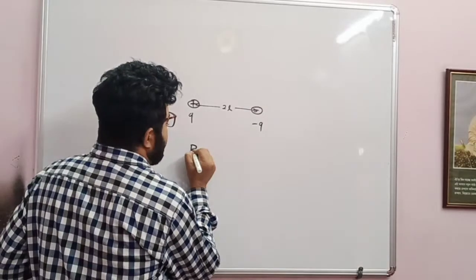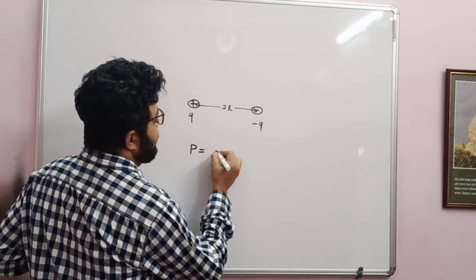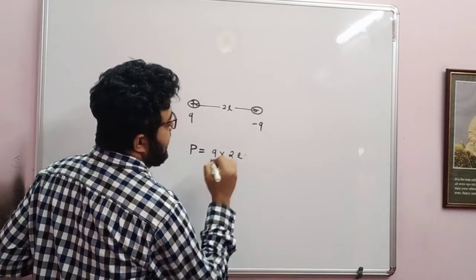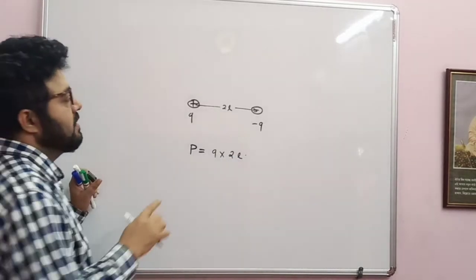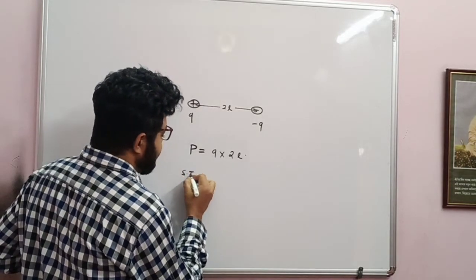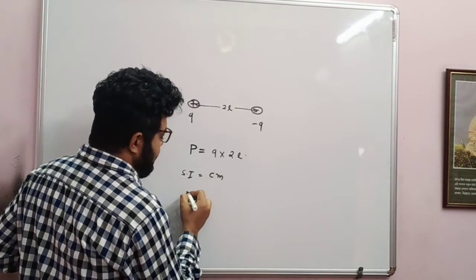So p is the electric dipole moment. Its strength is q into 2l, means pole strength, charge and separation between the two poles. SI unit coulomb meter.